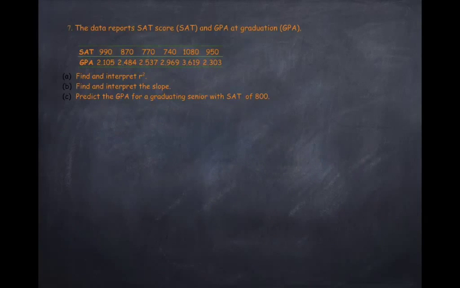And so lastly, we want to predict the GPA for a graduating senior with an SAT of 800. And so you can do this in different ways. You can use the calculator, you can make the scatter plot and find it, or you can use the model, the regression line, and find your GPA that way. And so I'm going to just use the model. For some reason, this is the method I like. Everyone has their own way of doing things.